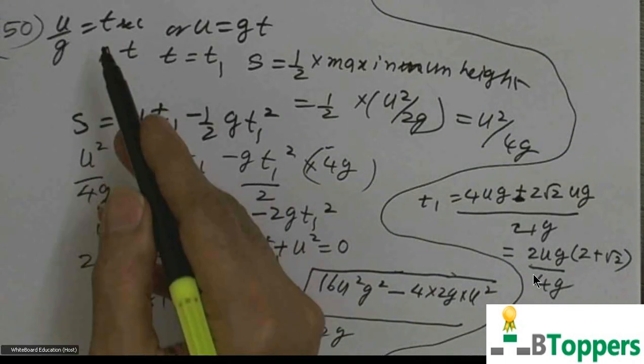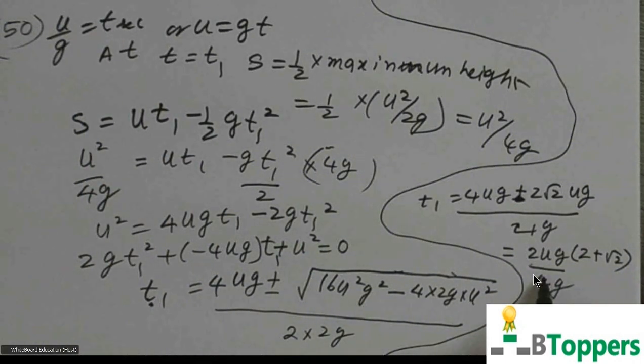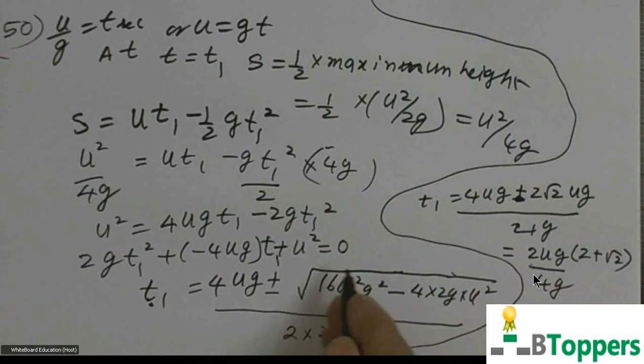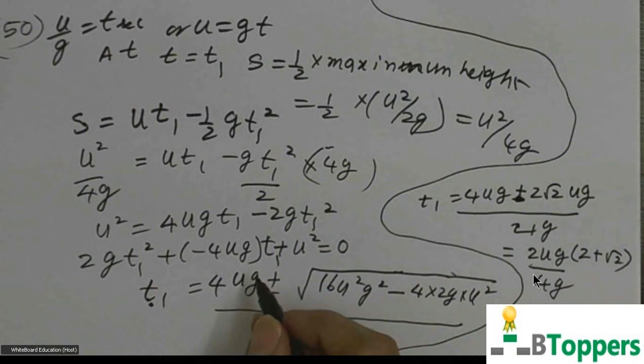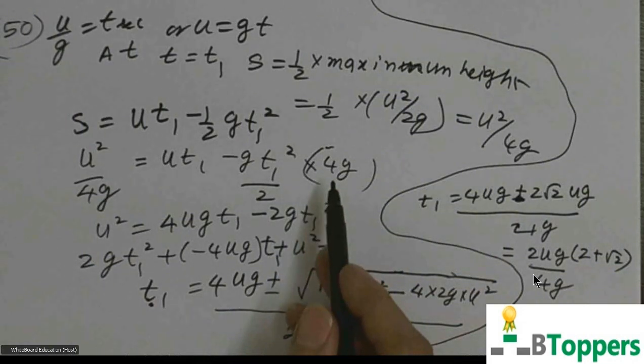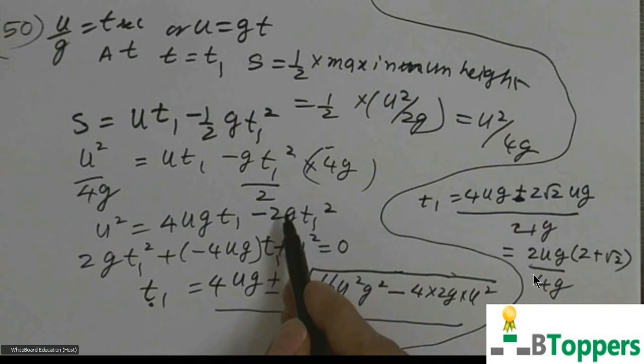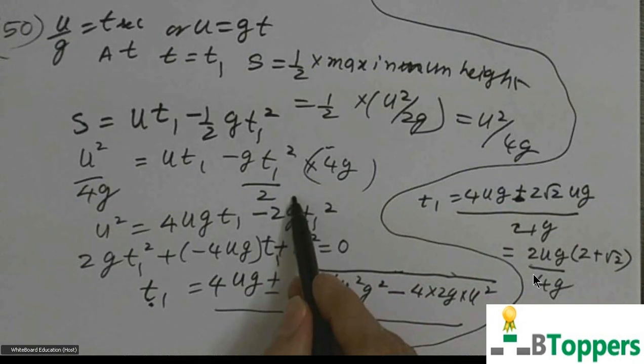Now u by g equals t, which you can substitute here.